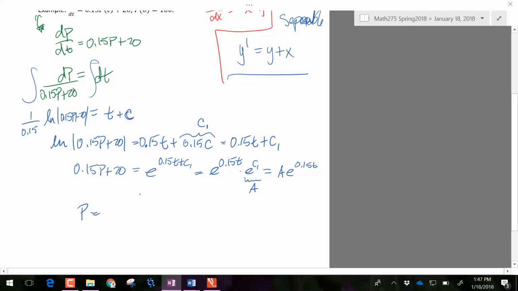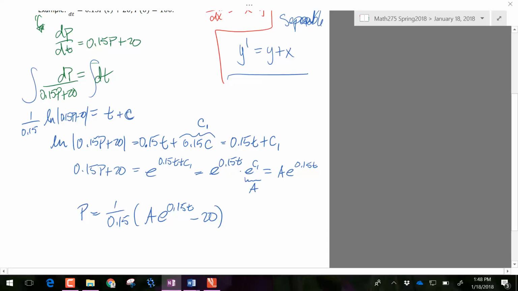And so a couple more steps. I think we need to add or subtract the 20, and then we need to divide by 0.15. And then now I have P of t is equal to this.